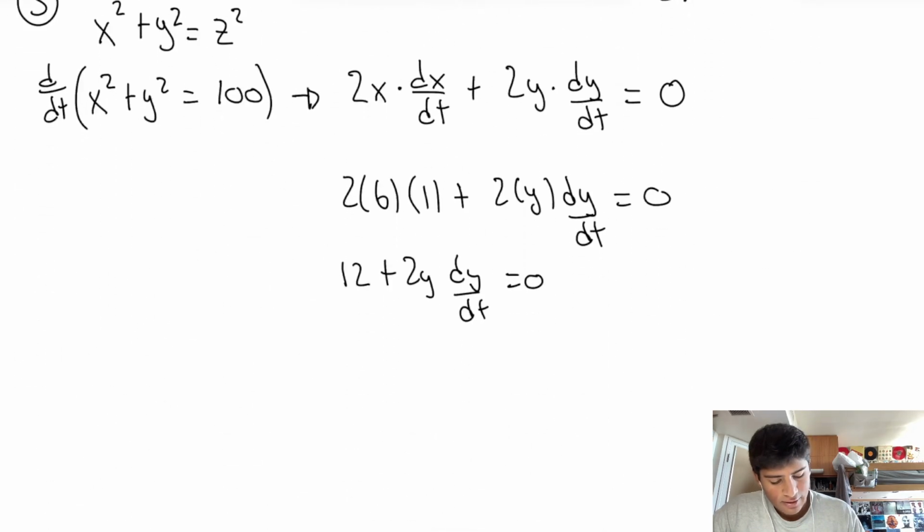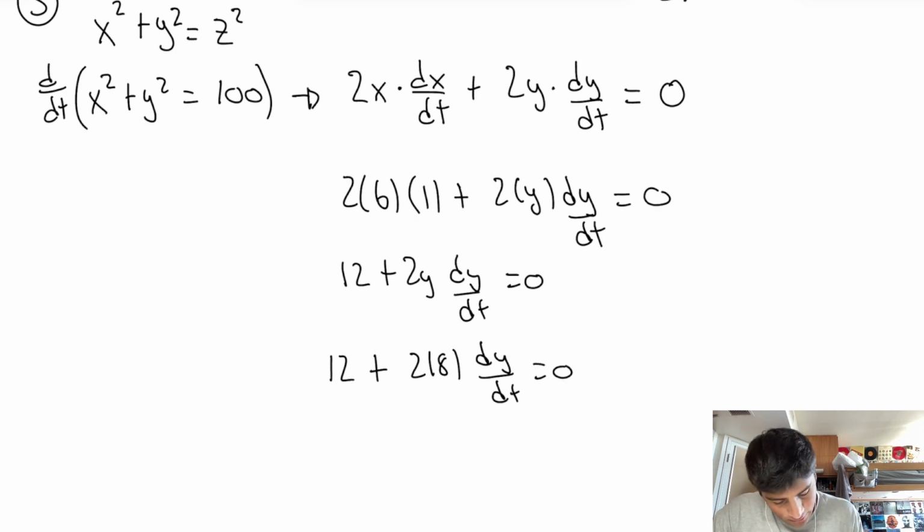And we can plug this in. 12 plus 2 times 8 dy over dt equals 0. Rearrange things and we get negative 12 equals 16 dy over dt.